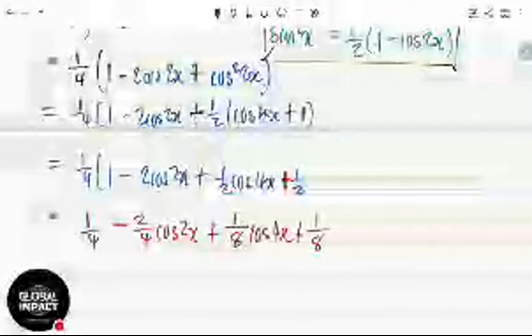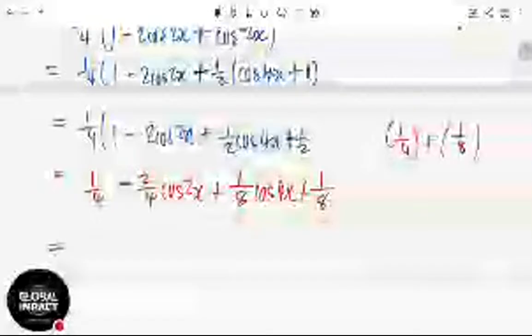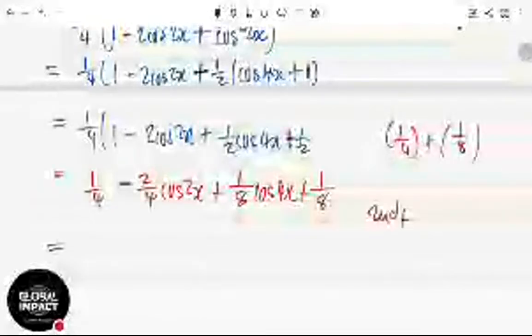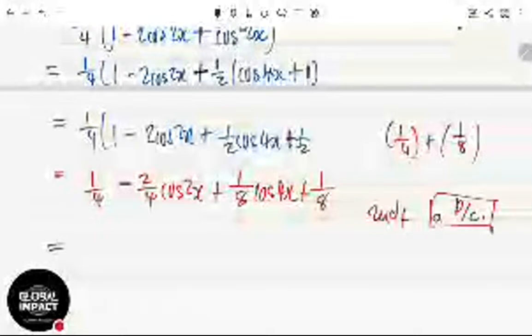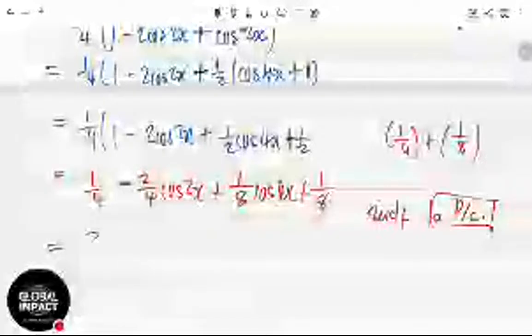This is what we now have. And we could have it as saying 1 over 4 plus 1 over 8. Punch it in the calculator. Open 1 over 4, close, plus open 1 over 8, close. Is equal to, then you say second function. Then you press the button which says A B over C to change to an improper fraction.